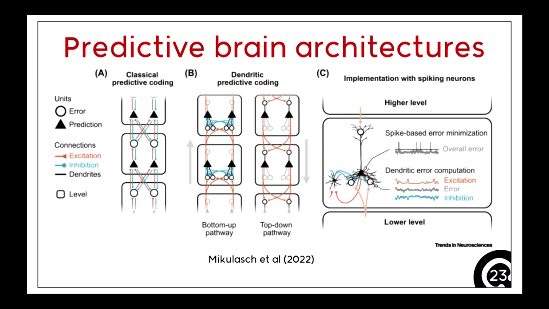So we can build different kinds of predictive brain architectures with our neural networks. There is even the recent discovery that predictive processing may happen not only at the level of interneuronal interactions, but also in the compartments of neurons. We may build such compartmental neurons where some parts represent the signal itself and some parts represent the error to the signal, with this two-directional movement between predictions and expectations.